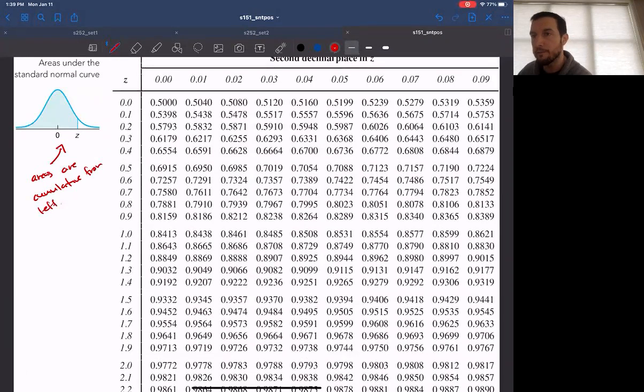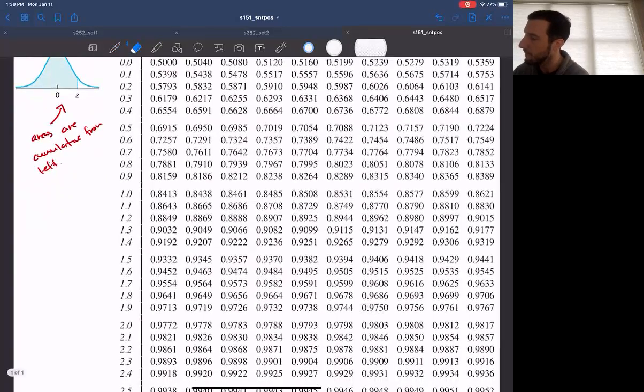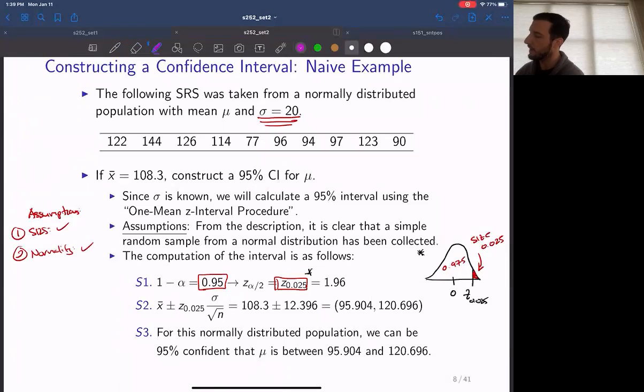Then if we can find 0.975 in this table, which is right here, then we can come out to the axes to find 1.96, which is the Z-score that we are using for this particular confidence interval. Right, so that's why here we have Z subscript 0.025 is equal to 1.96.